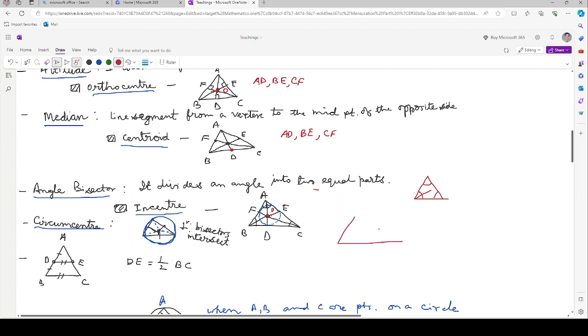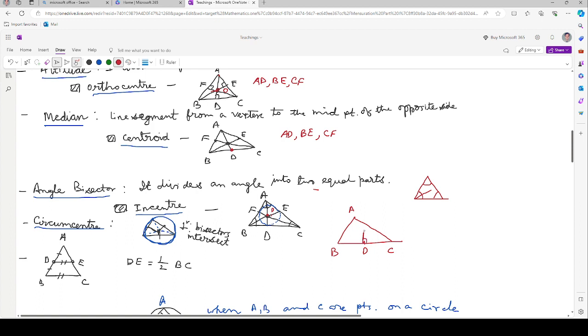Let ABC be a triangle and the midpoint of BC is D. Then the perpendicular bisector is like that.